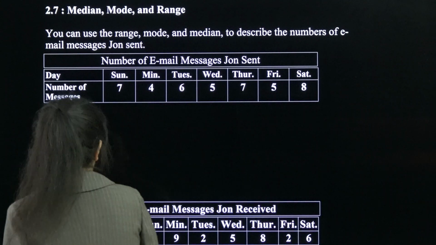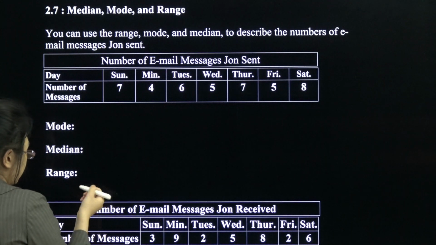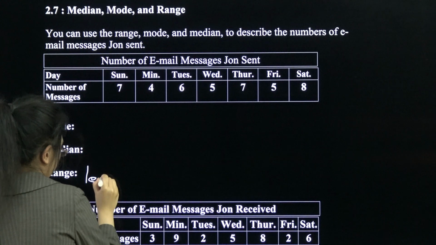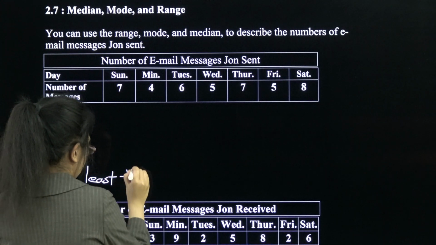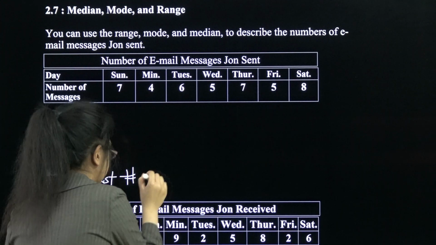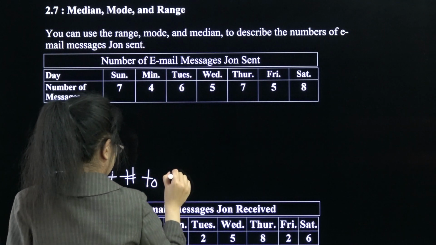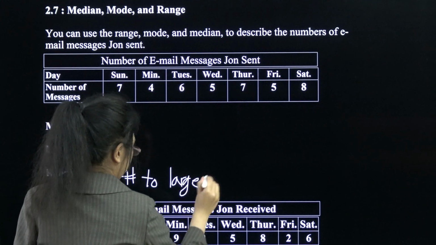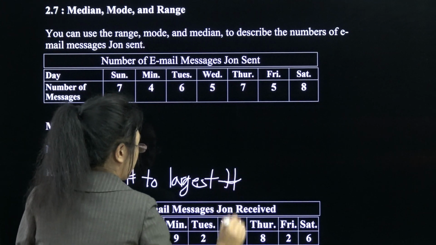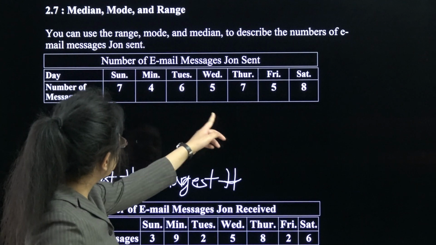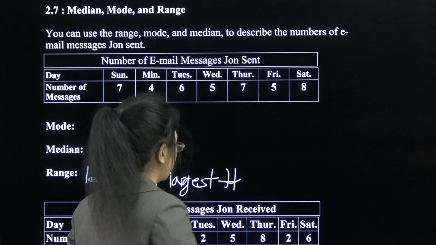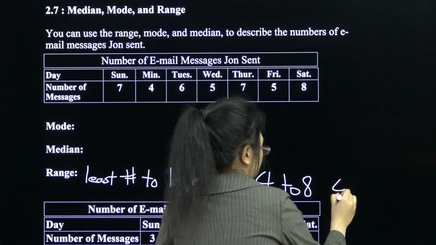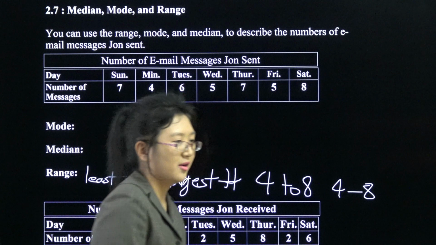Well, range is just the smallest number or least number to, not subtract, to largest number. And in this case, the smallest number is 4 and the largest number is 8. So the range would be 4 to 8. You could use the dash sign, but that looks like 4 minus 8.